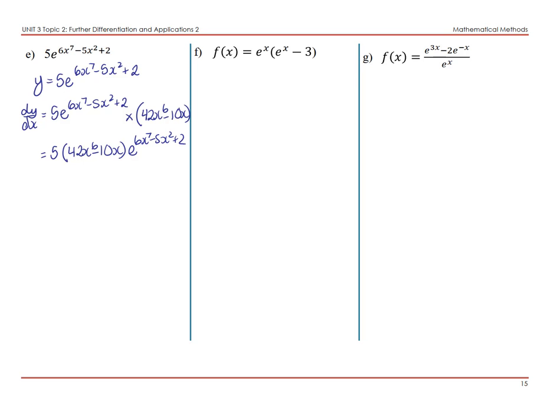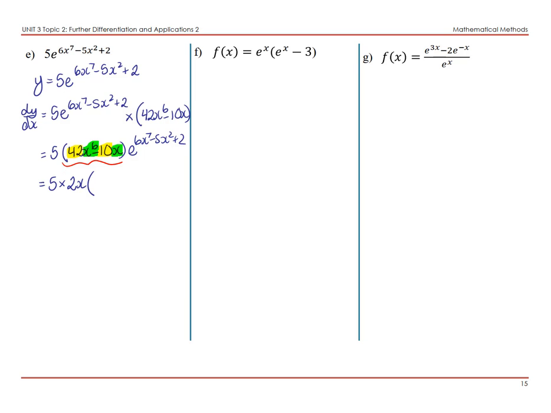Now, if you look inside this bracket, you have a 42 and a 10, so that has a common factor of 2. You also have x to the 6 and x, so you have a common factor of x. I'm going to factorize that. I could do it in one step, but I'm going to do it in two so you can follow. So I'm firstly just going to factorize that bracket.